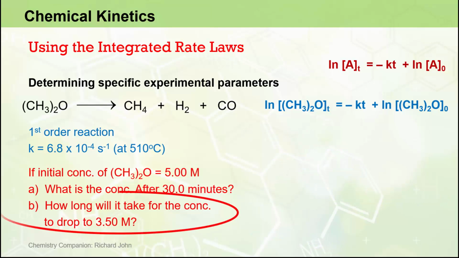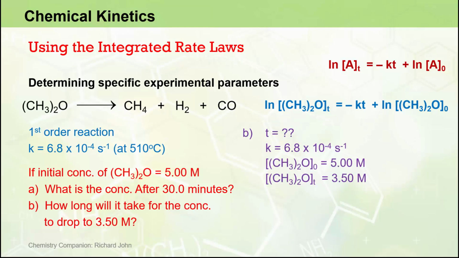To answer part B, how long will it take for the concentration of dimethyl ether to drop to 3.50 molar? We use the same first order rate equation, and note that in this case the time of reaction is actually the experimental parameter that we are being asked to calculate. k is again given as 6.8 times 10 to the negative 4 s^-1. The initial concentration is again 5.00 molar, and the final concentration at time t is given as 3.50 molar.